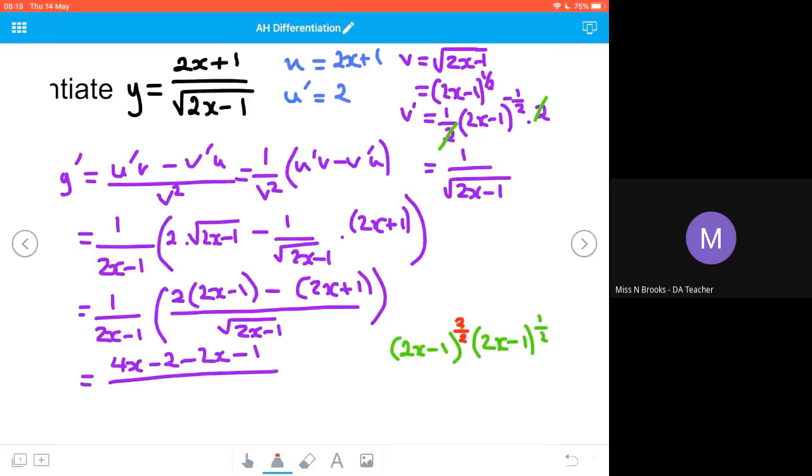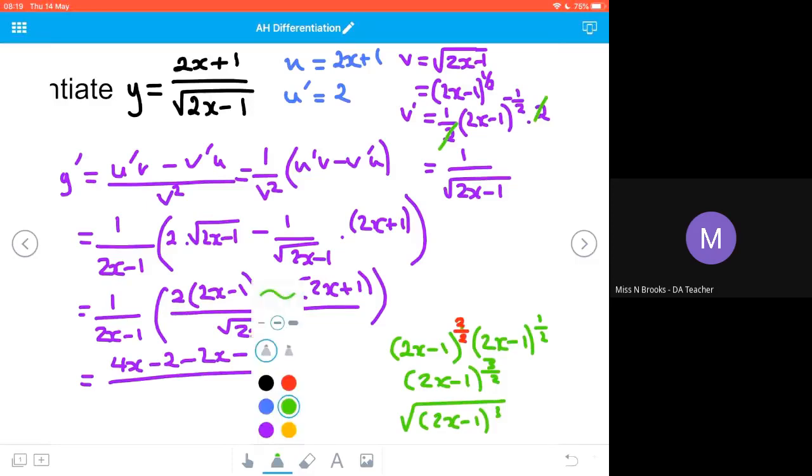So it means that when I multiply those brackets together, I'm going to get a 2x minus 1 to the 3 over 2, and I know that I can rewrite that as the square root of 2x minus 1 all cubed. And that's what my denominator is going to be. So my denominator is going to be the square root of 2x minus 1 all cubed.